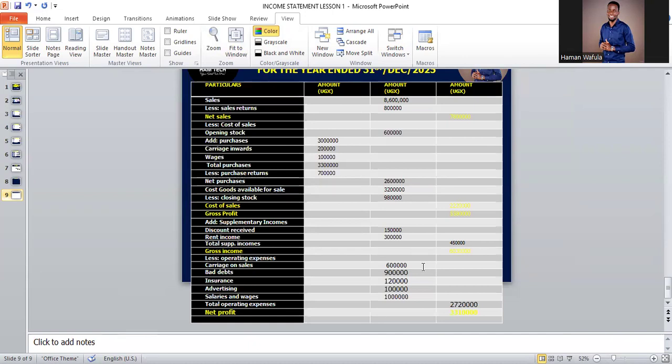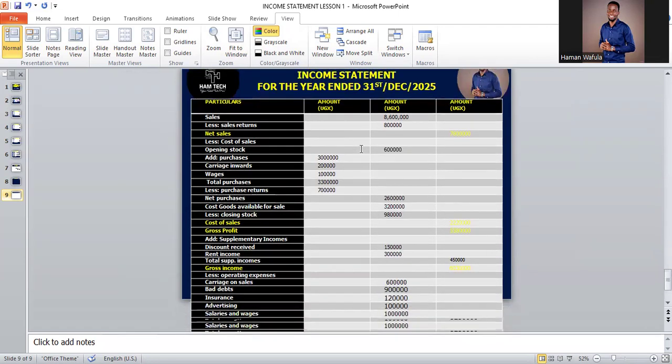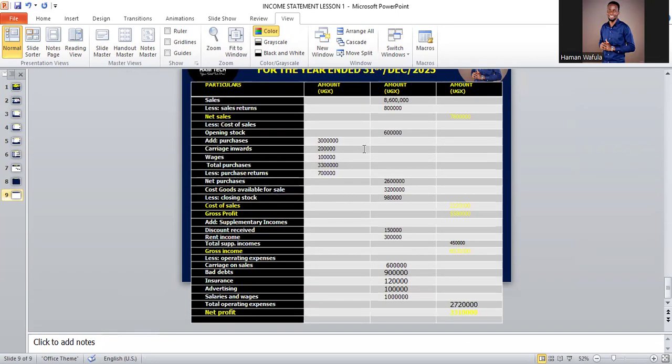Even though you fail to get the net profit correct or the gross profit correct, the expenses, incomes and purchases you entered are the right ones, so you still get scores for those, and the heading as well. So always make sure you have it.